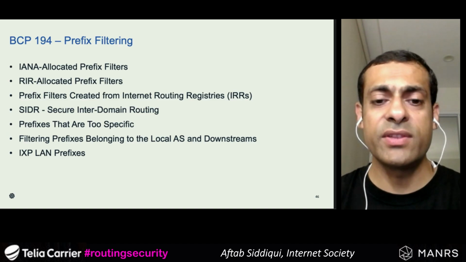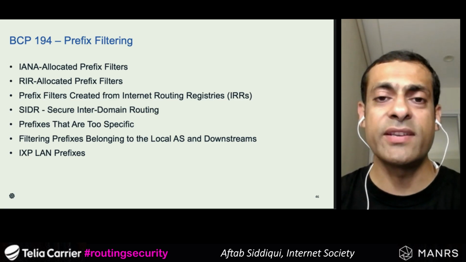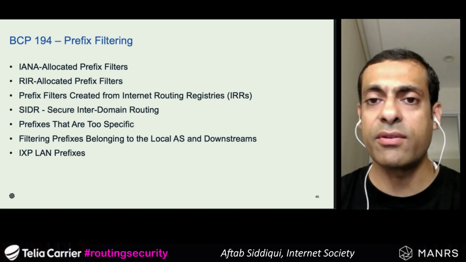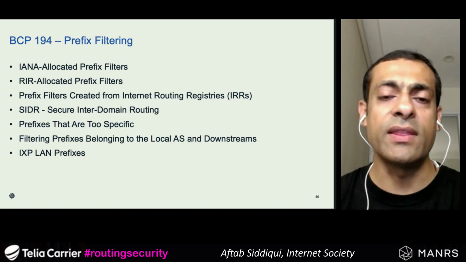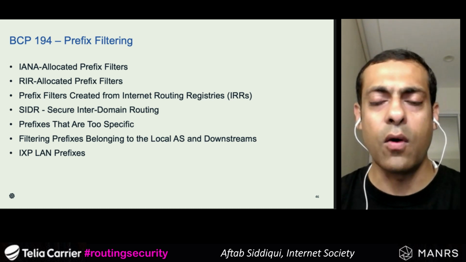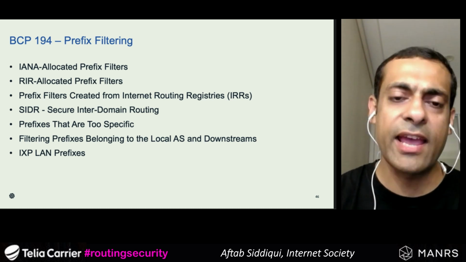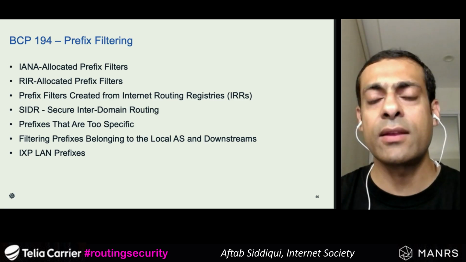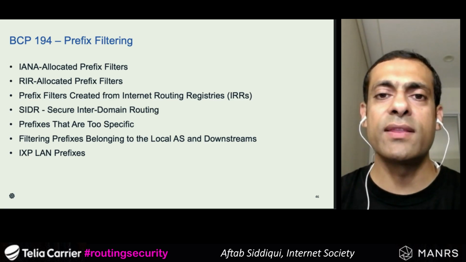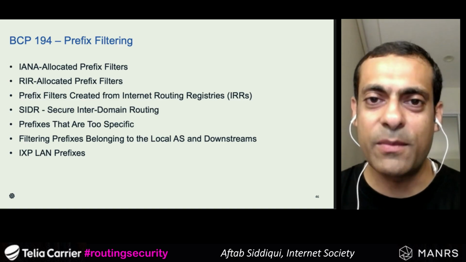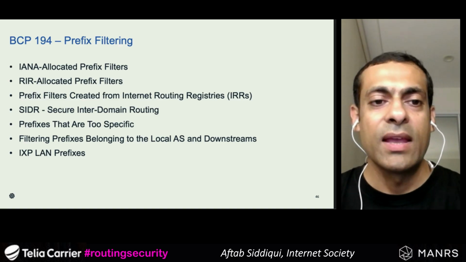IANA is the body which allocates IP addresses to the regional internet registries. They have, of course, allocated all the IPv4 addresses, but they still have a long list of IPv6 addresses which they haven't allocated to RIRs. If they haven't been allocated to anyone, then of course they should never be on the routing table, so make sure that you filter them out.